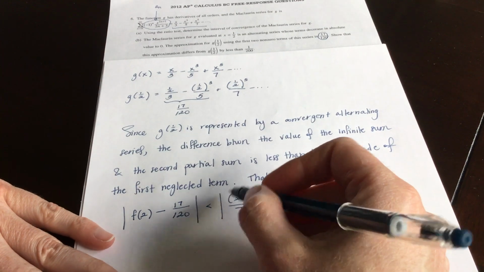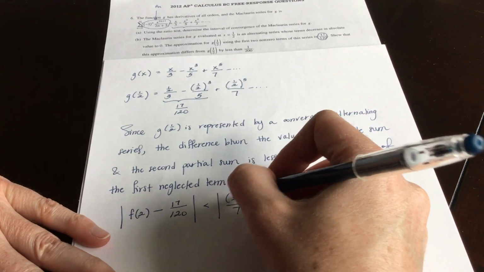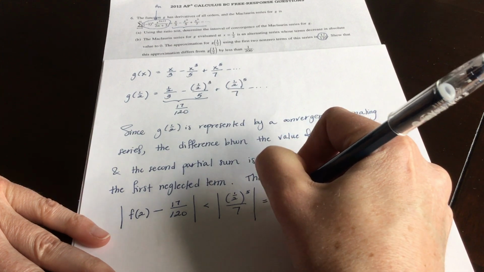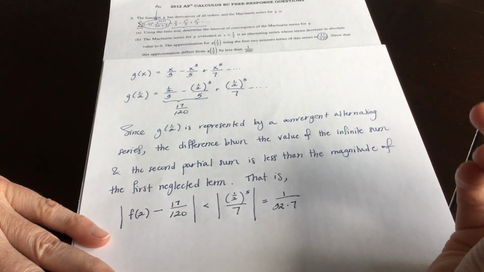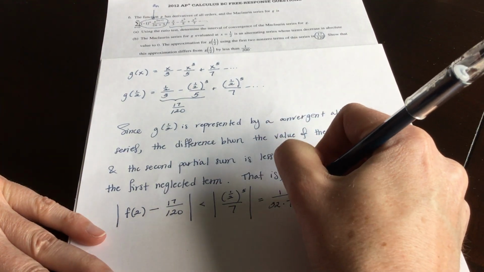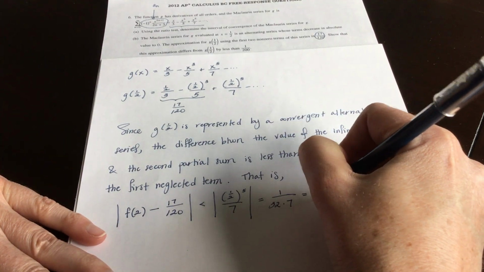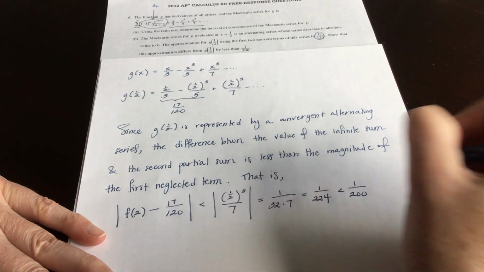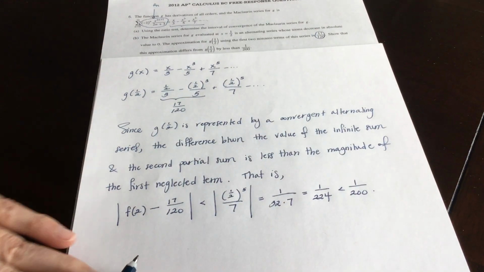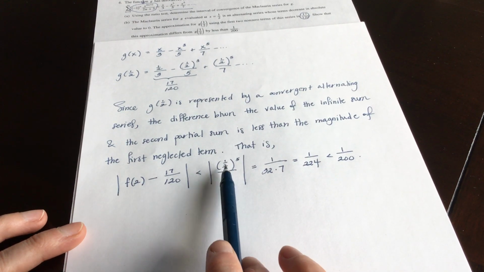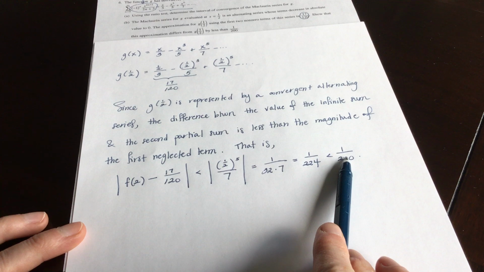So let's figure out what this value is. 1/2 to the 5th is 1 over 32. And we're going to have to do 32 times 7, which is 210 plus 14, which is, I think, 224. And that, my friends, is less than 1/200. So what do we have? This is less than this number, and this number in turn is less than this number.